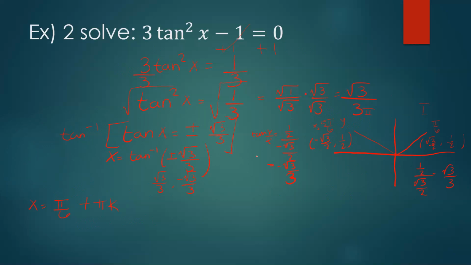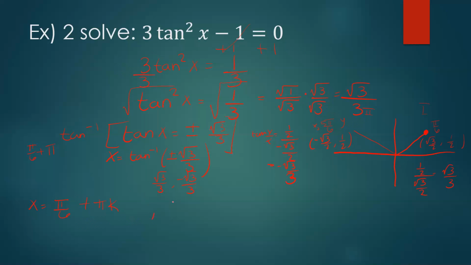The reason is because if you plug in k equals 1, so if you did pi over 6 plus pi, you would eventually be in this point, right? You would be here. And that's why I'm going to use pi k instead of 2 pi k. That is a bit confusing, but that's why I use pi k.